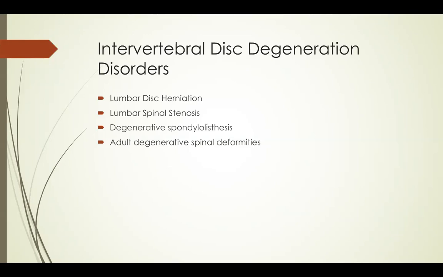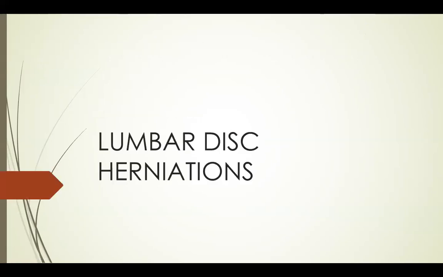Then you have degenerative spondylolisthesis, and last, because of degeneration, because of an asymmetric collapse of the disc as well as a deformity of the spine and the facet joints, this can create a spine deformity. So that's called degenerative spinal deformities.